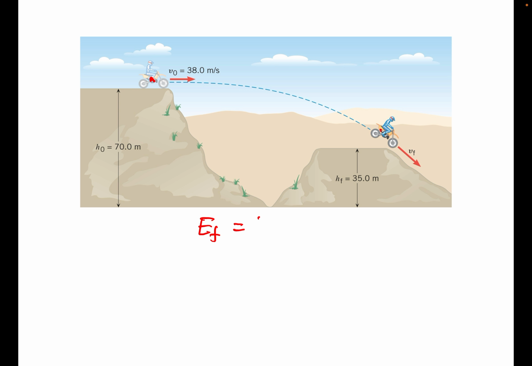So we can convince ourselves mechanical energy is conserved, and the final mechanical energy, final potential energy plus final kinetic energy, equals initial potential energy plus initial kinetic energy. So cancel all the m's.